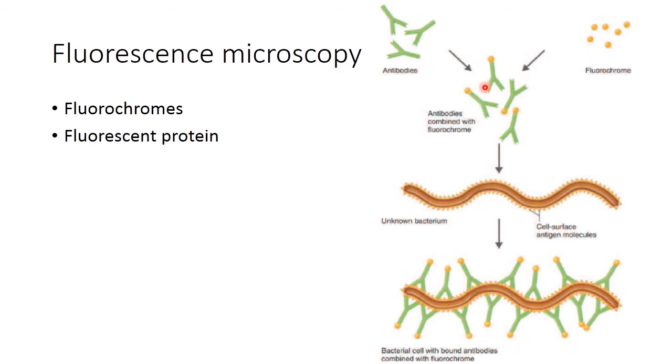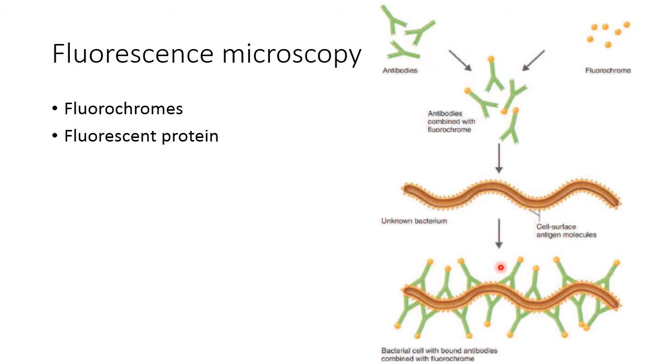So the antibody is conjugated chemically to the fluorochromes, and then this conjugate of antibodies is allowed to interact with the target bacteria. If the target bacteria contain the antigen to which these antibodies are specific, then the antibodies will bind to the antigens, and upon binding of the antibodies, the fluorochromes will also be attached to the surface of this bacterium.